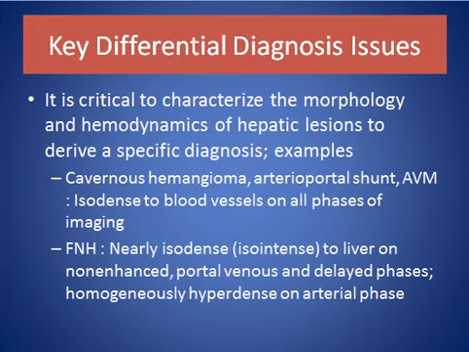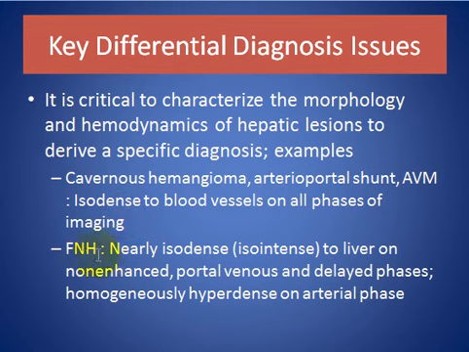What are the keys of differential diagnostic issues? It is critical to characterize the morphology and hemodynamic of hepatic lesion to derive a specific diagnosis. Examples: cavernous hemangioma, arterio-portal shunting, AVM, isodense to the blood vessels in all phases of imaging.